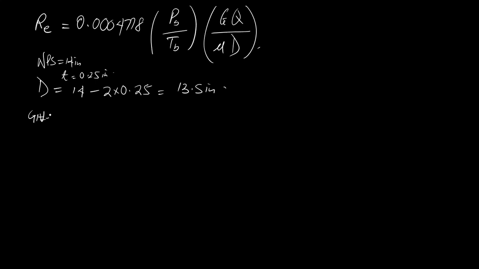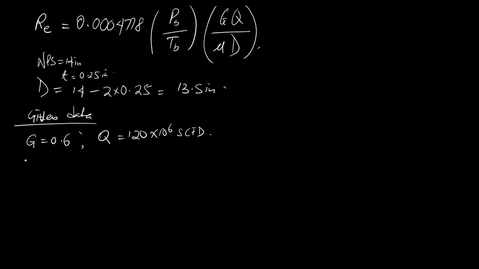Now let's write down the given data. They give us gas gravity to be 0.6. They give us a flow rate to be 120 times 10 raised to power 6 standard cubic feet per day.